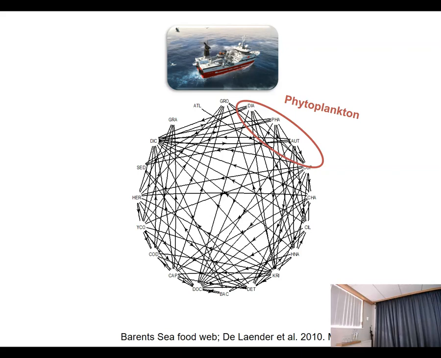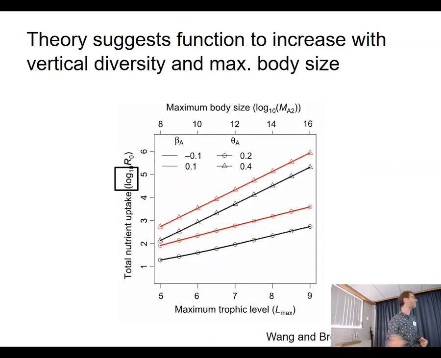And these food webs even include human activity, for example, by fishing. So how to define diversity for such complex food webs, and what is the influence of that kind of diversity for ecosystems? There is a recent paper out showing that vertical diversity, so the number of trophic levels you would find in a food web, has a big effect on function. In the same way that very often in grasslands people find more species to produce more biomass.